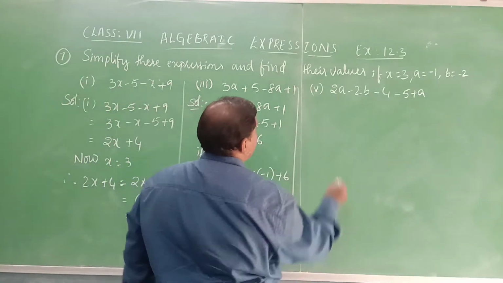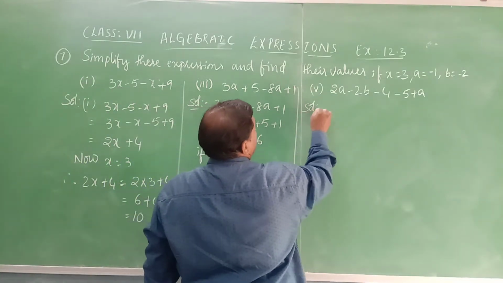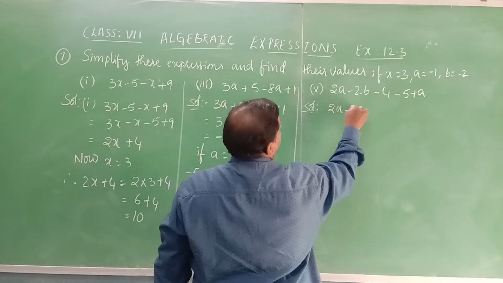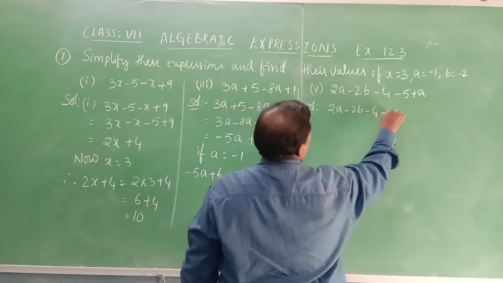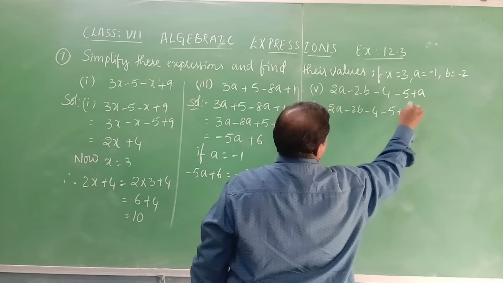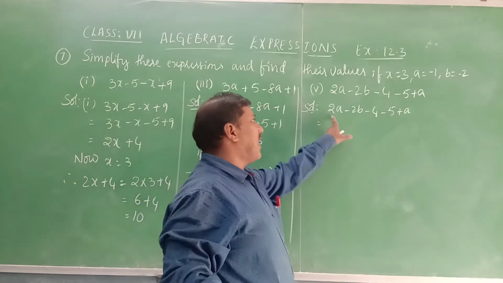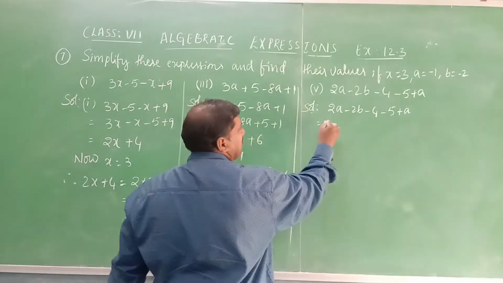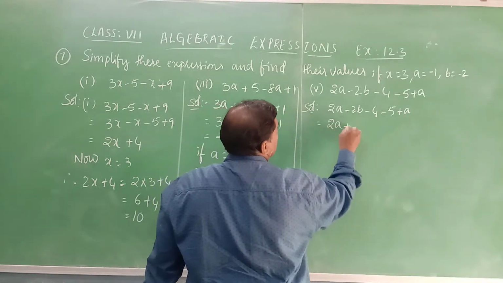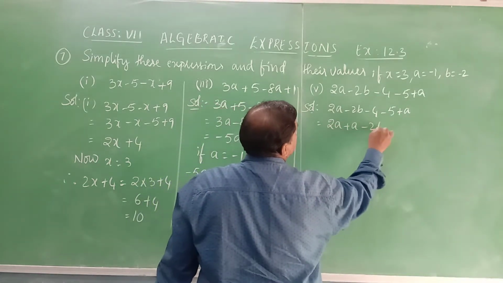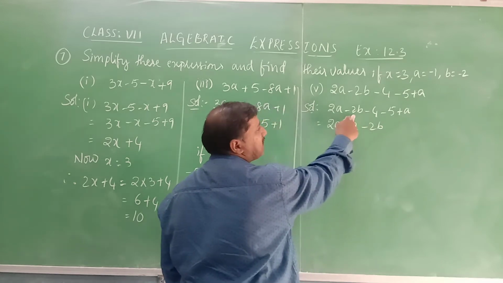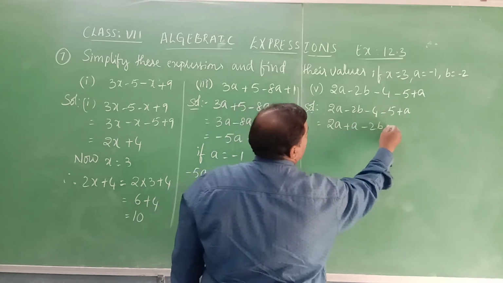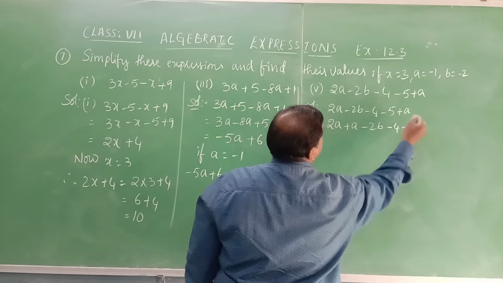Now, see the fifth one here. This is 2a minus 2b minus 4 minus 5 plus a. Now 2a and plus a both are like terms. Write them in one place. 2a plus a minus 2b, there is no like term for the term with variable b. Now minus 4 and minus 5.